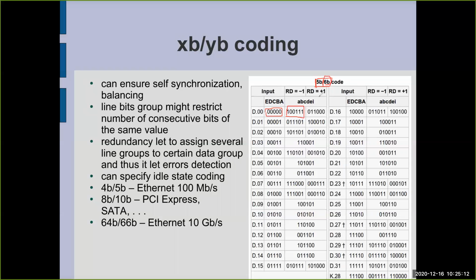So look, for some combinations you can see that we have 2 possibilities. So what is the benefit here? In these line code values, you can see that there are no values where the number of subsequent bits of the same value is higher than 3.